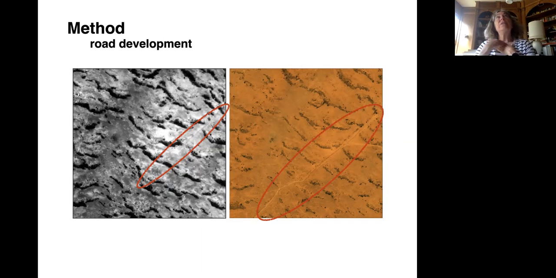I think one of the things that he really started seeing was that in some of these regions, there were signs of human impacts, like there were more tracks through the landscape. So he calls it road development here.